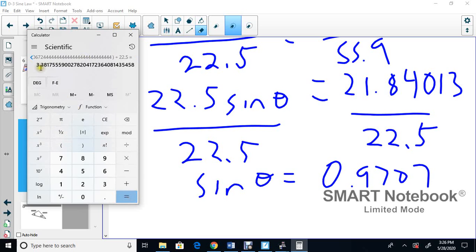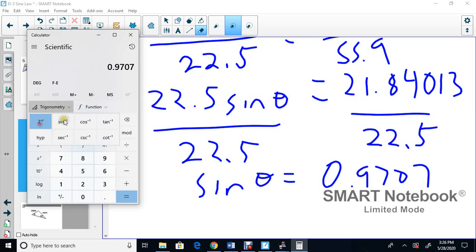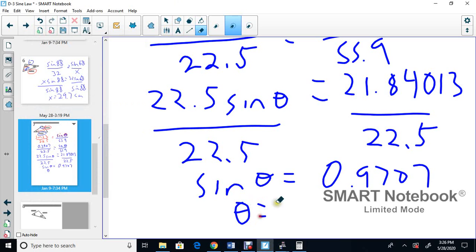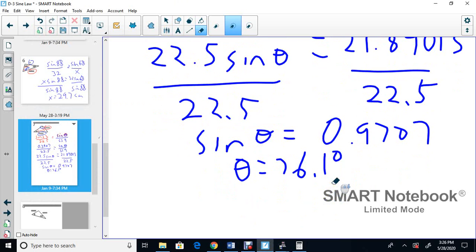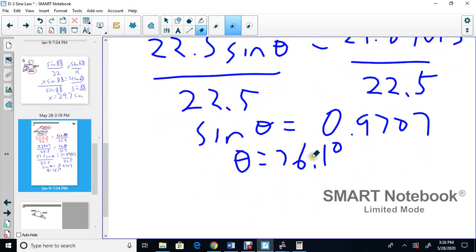First you have to put the number in. So you go 0.9707 on this calculator, and here you go second sine. And there's your angle, 76.1 degrees. So theta is 76.1 degrees. I'll do the last question on the last video, but I just wanted to show a different way on this video how to do this question.